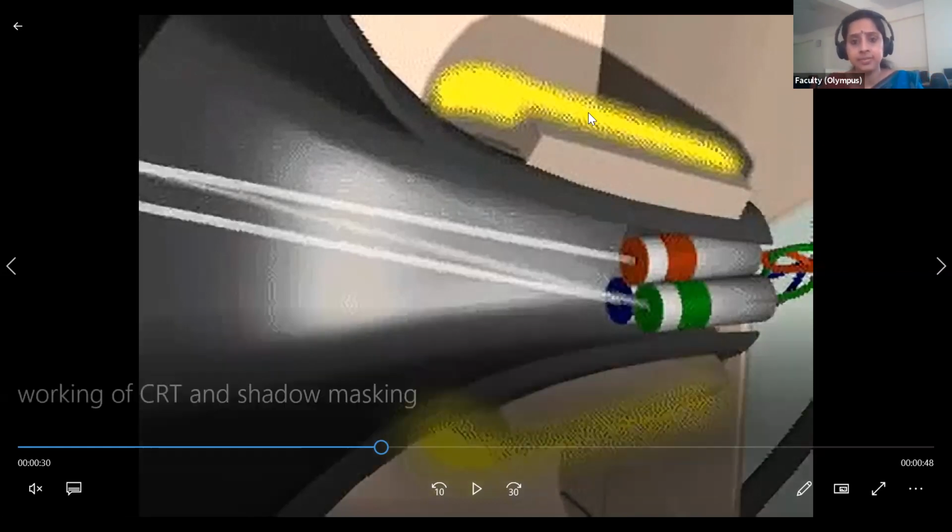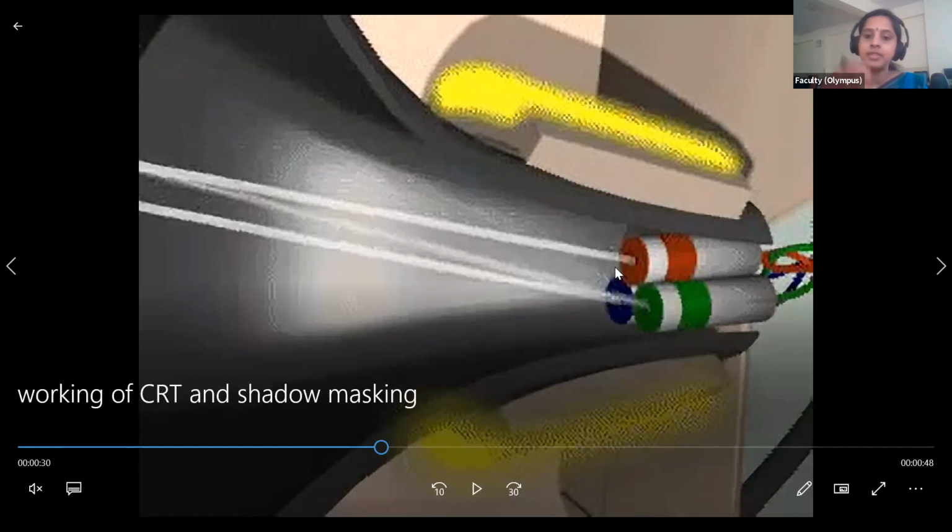That means the electron beam should pass to all sides and corners of the screen. But if I just leave this, let us forget about this yellow color, what is there on top? If I just leave it, the electron beam just passes straight, right? How will I move it to all parts of the screen?